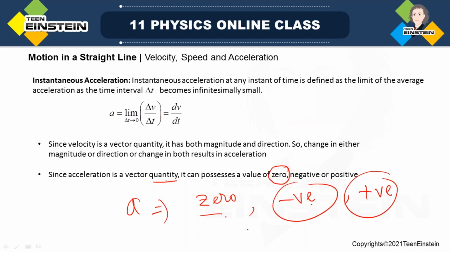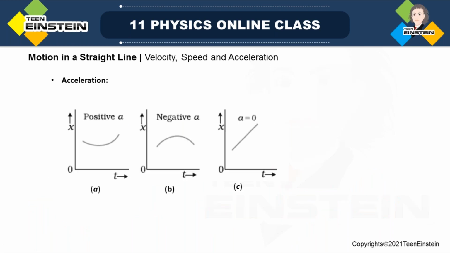We'll try to show you in the position-time curve, the x-t curve, how this 0, negative and positive acceleration looks, for 0 acceleration, for negative acceleration, for positive acceleration.